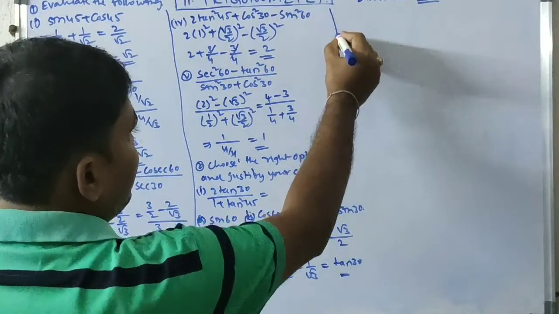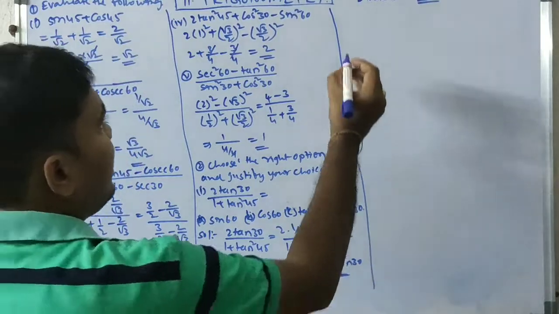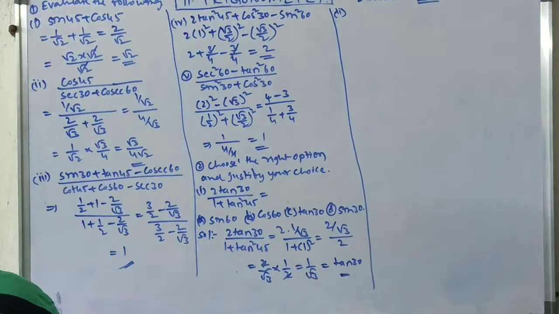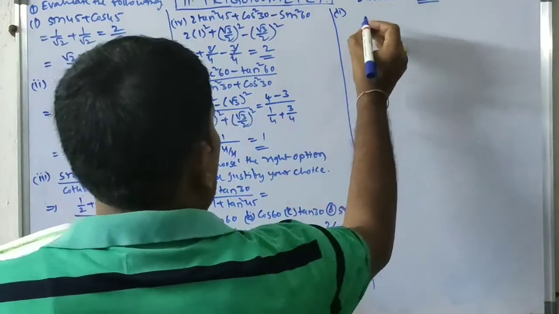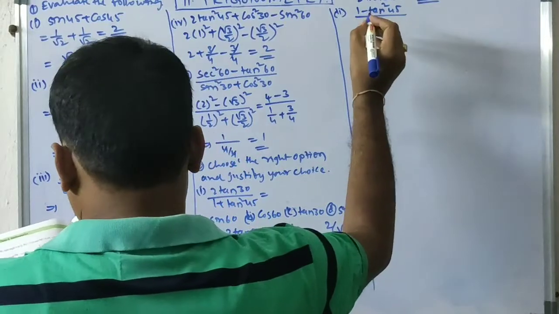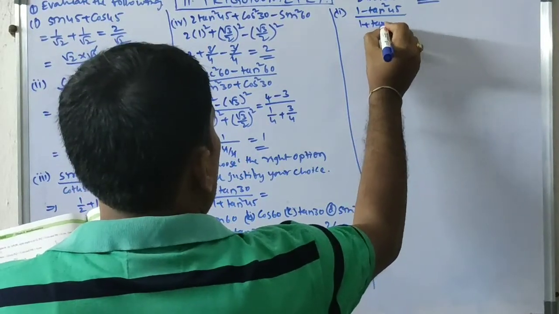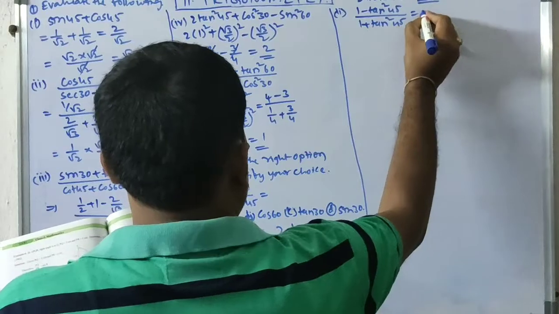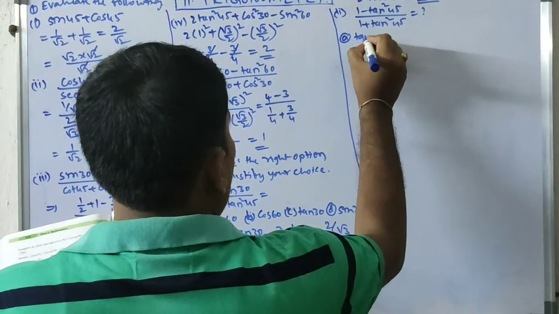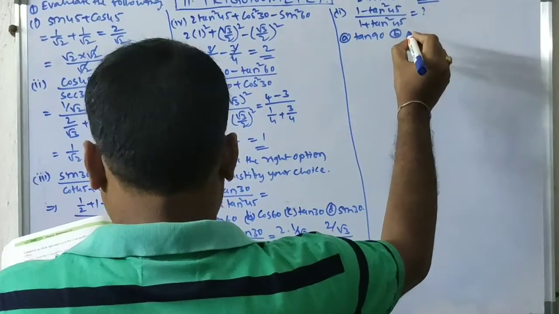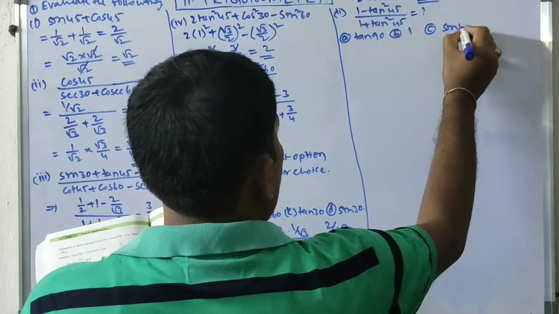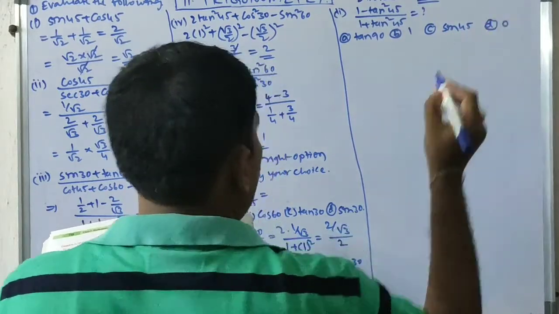Okay, next, second one is 1 minus tan square 45 by 1 plus tan square 45. Options: A tan 90, B 1, C sin 45, D 0.